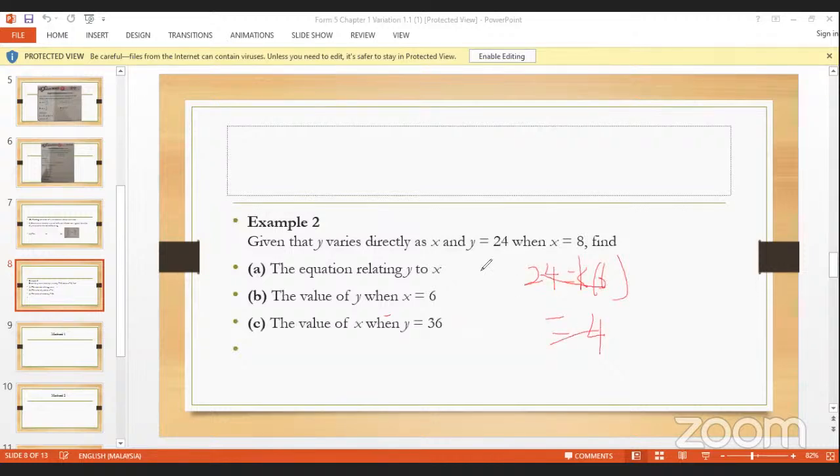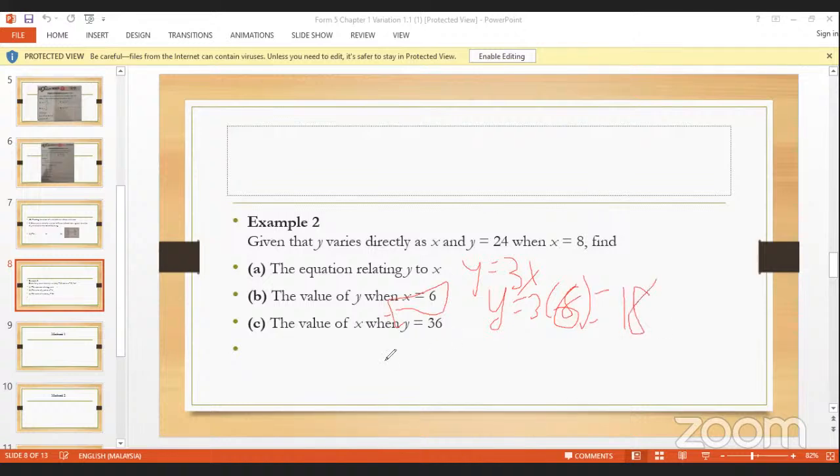Oh no, sorry, I did it wrong. For A, you got y equals kx, y equals 3x, and x equals 6, what will be? Y equals 3 times 6, because when x equals 6, you get 18 for B.